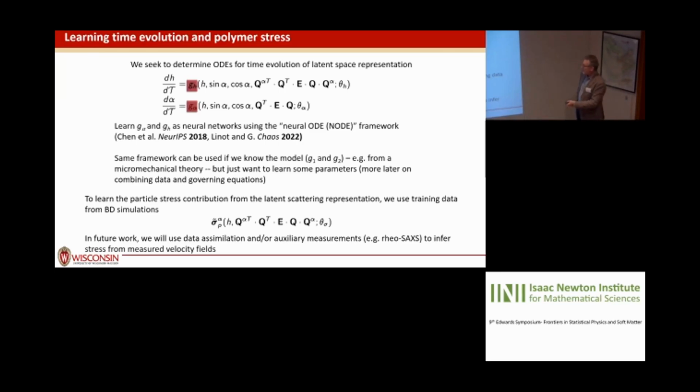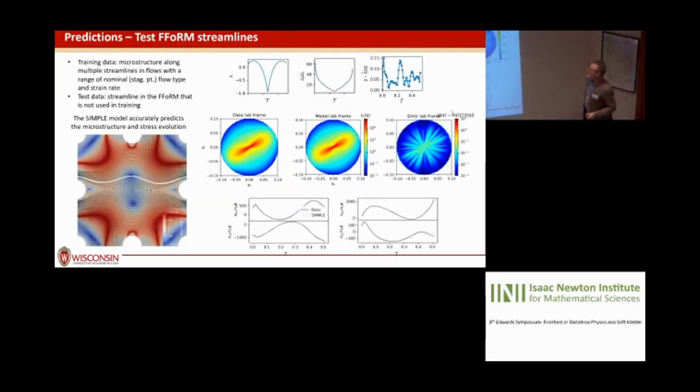And then if you also have stress measurements, which you might get from some kind of rheological measurement, then you can also learn the relationship between the microstructure and the stress. You can't get that directly from the experiments. You can't get that directly from velocimetry. Okay, so that's the framework. So let's see how that works.